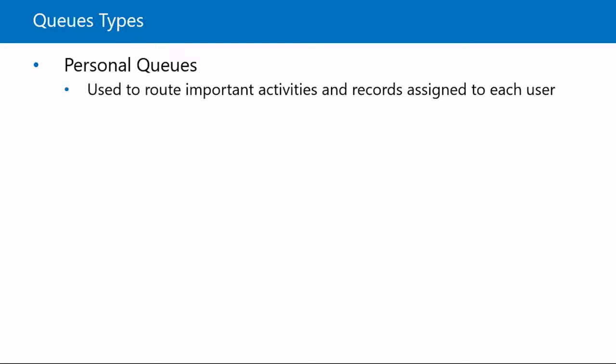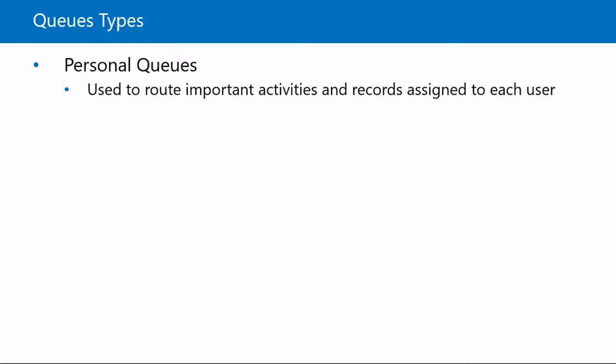Within Microsoft Dynamics 365, there are 4 different types of queues available. First, there are personal queues. All Dynamics 365 users have personal queues that can be used to route important activities or records assigned to each user. Whenever users and teams are added to Dynamics 365, by default, a personal queue is automatically configured.